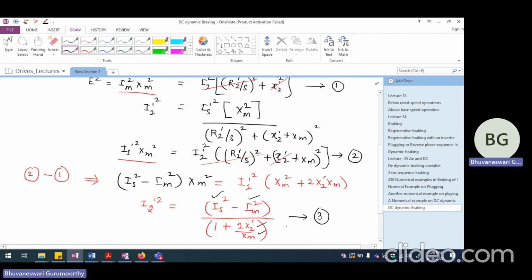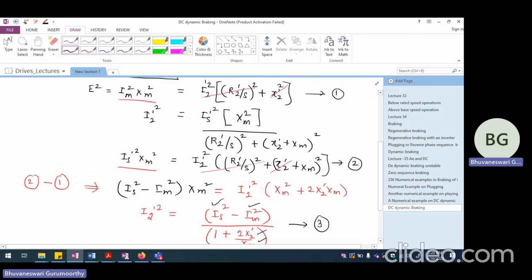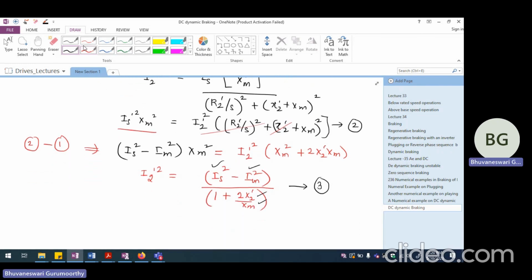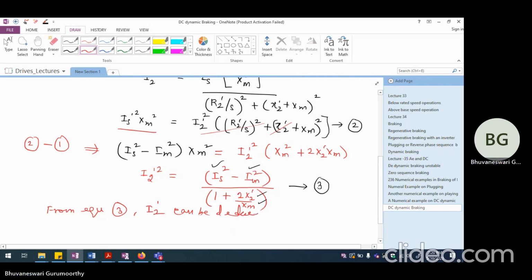So I should be able to calculate I2 dash. And once I have I2 dash, I have the rest of the things, I should be able to calculate the slip as well. So basically from equation 3, I2 dash can be deduced.